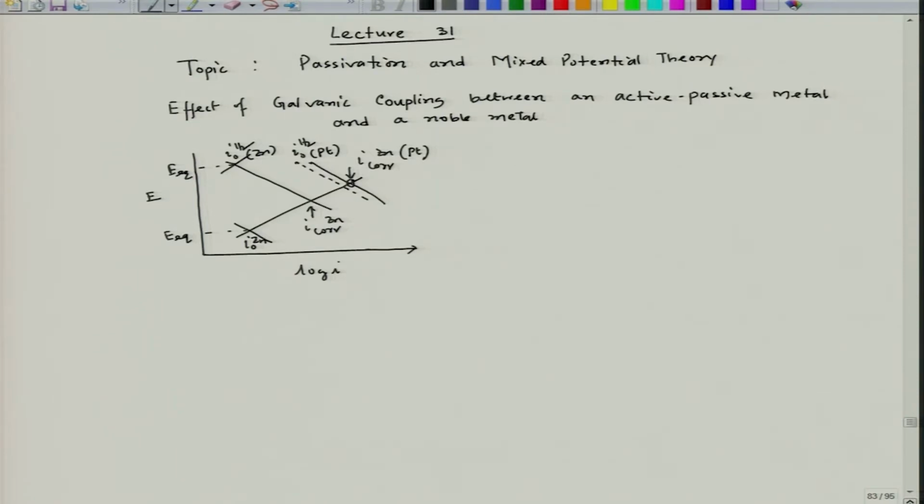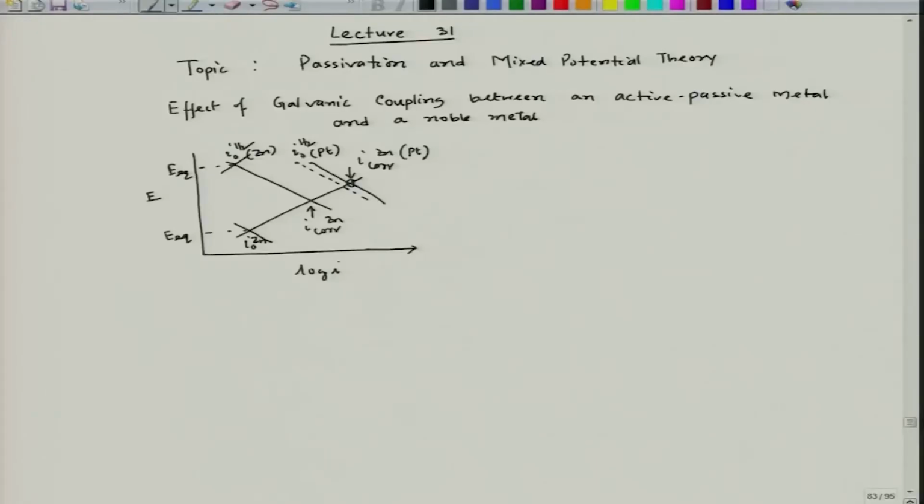But in case of active passive metal, the situation could be different. There could be situation that the corrosion rate either increases because of the galvanic coupling, or there could be situation that corrosion rate of the active passive metal can decrease largely because of the galvanic coupling with a noble metal.